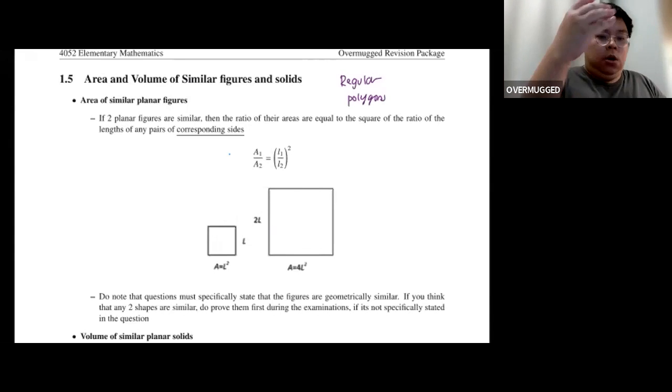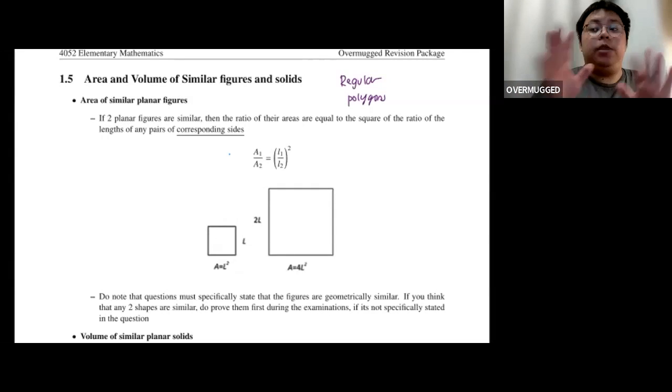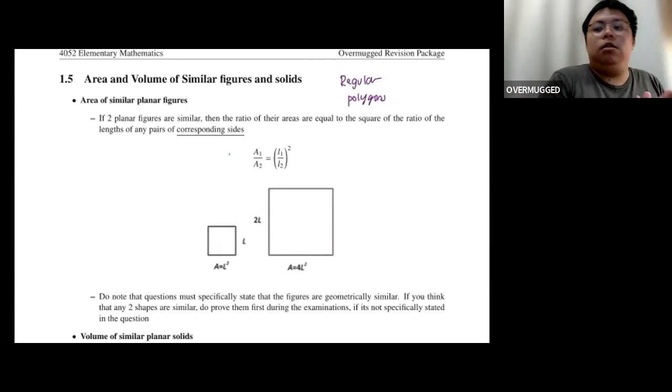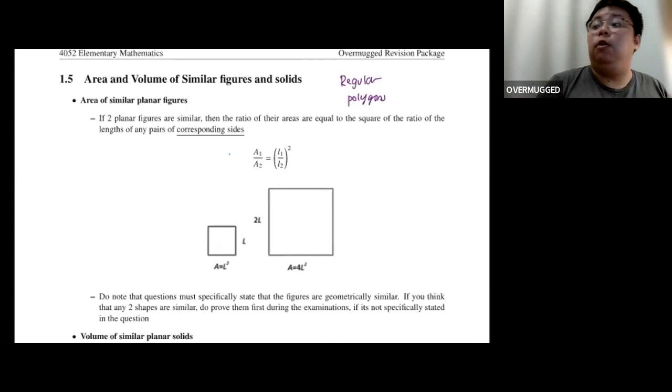If you're telling me that an octagon is geometrically similar to a pentagon, you have issues. That one is your problem, not mine. I'm telling you now that a regular pentagon is geometrically similar to another regular pentagon. This is a fact that a lot of people didn't know. You can always use similar triangles. You can always use this formula whenever you need to solve those kinds of pentagon questions.